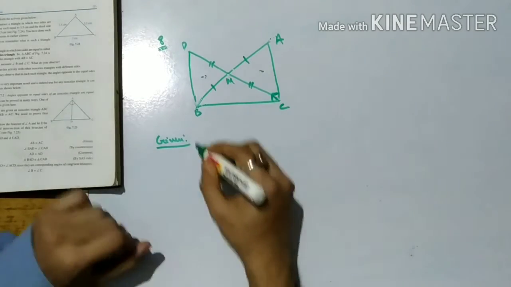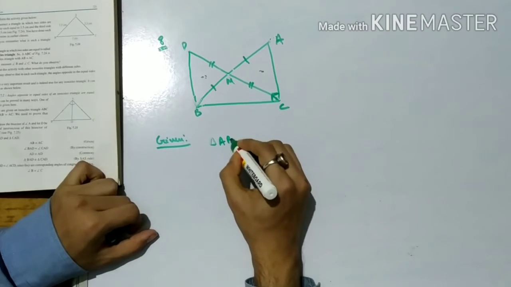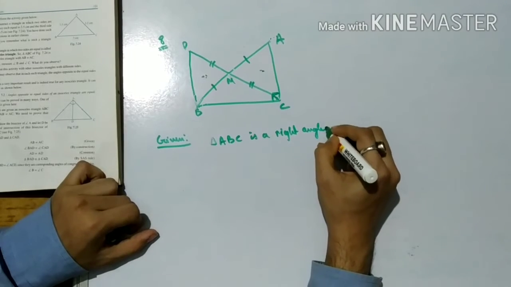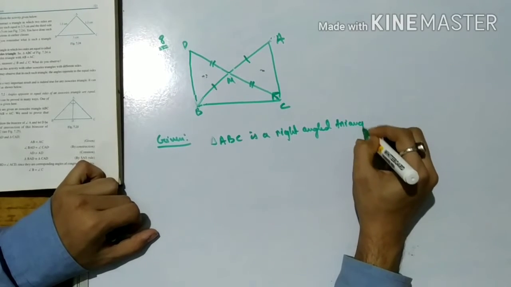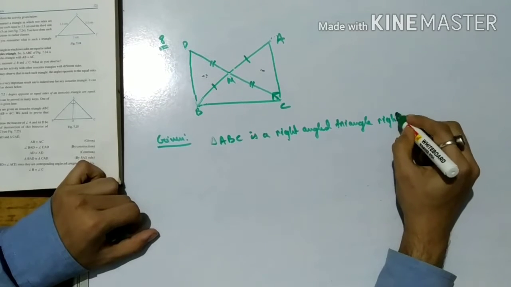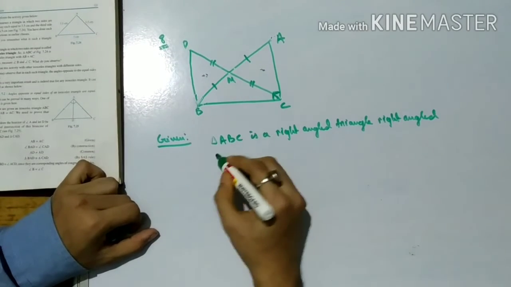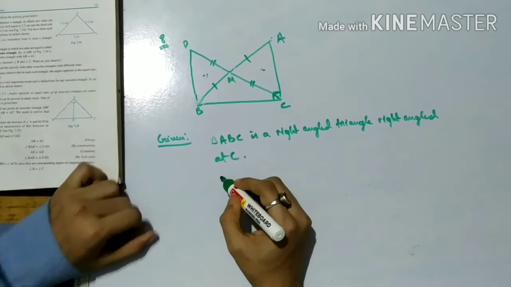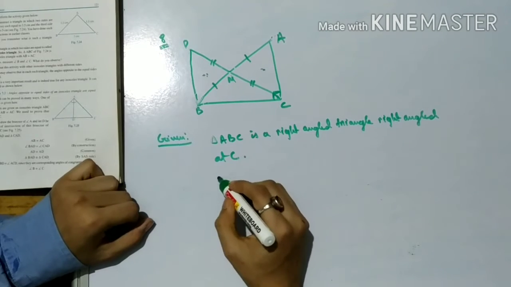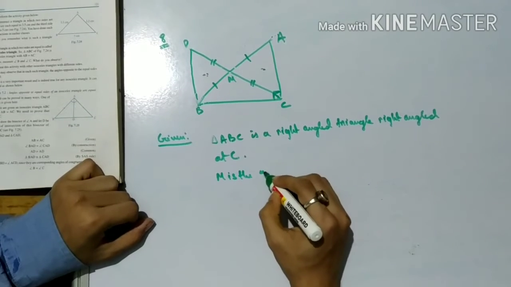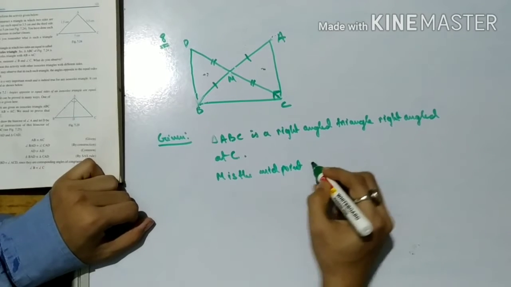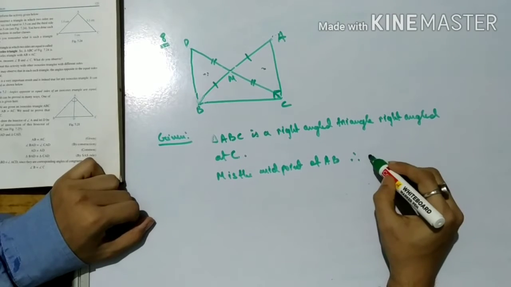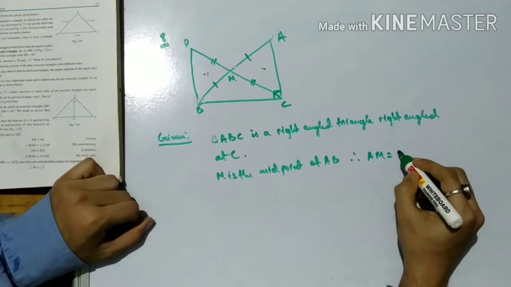First of all, let me write what is given. Triangle ABC is a right angle triangle, right angled at C, and M is the midpoint of AB, so therefore I can say that AM is equal to BM.